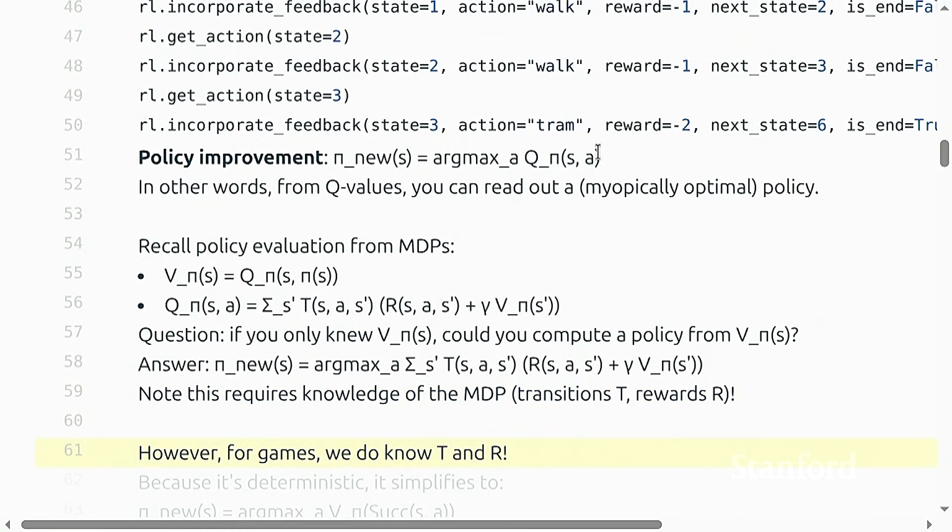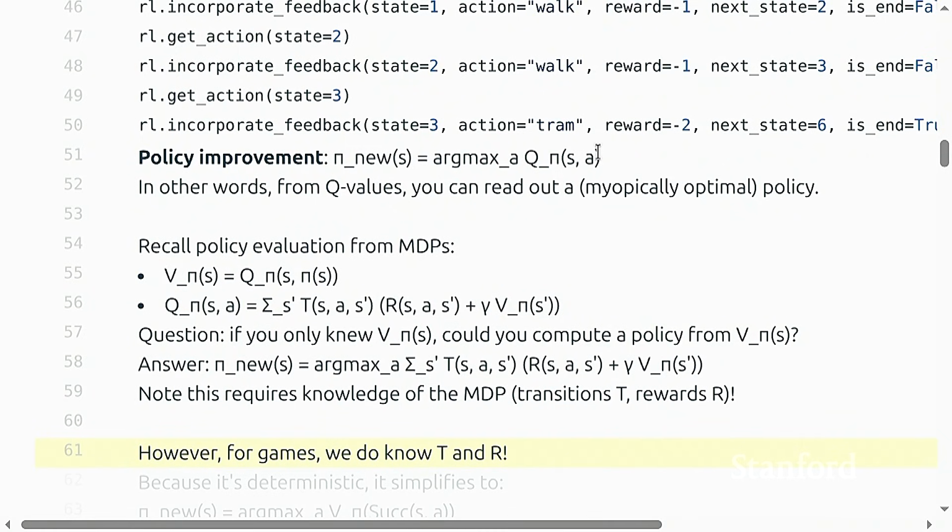Okay. So that's why when we started with reinforcement learning in its full generality, we only looked at SARSA and Q-learning, because we need policies. Now, however, for games, we actually do know the transitions and rewards, unless you're in a cruel game where you don't know the rules.